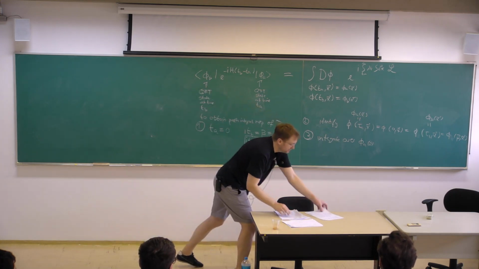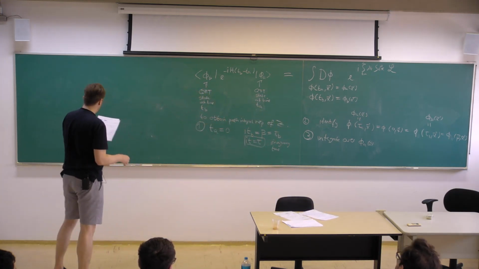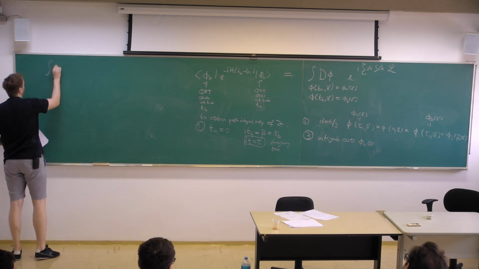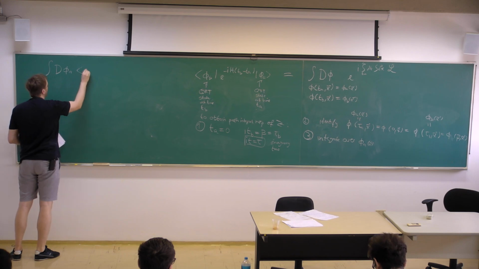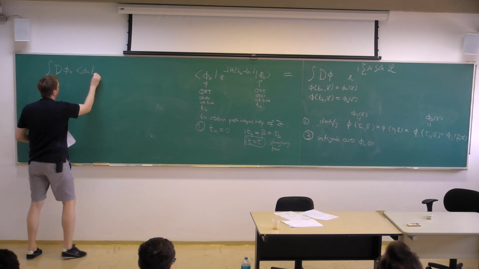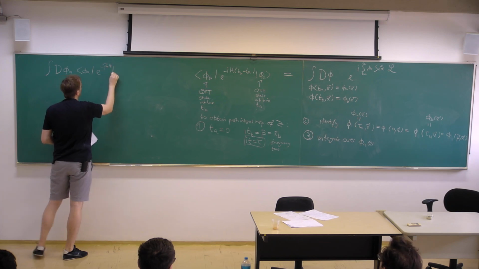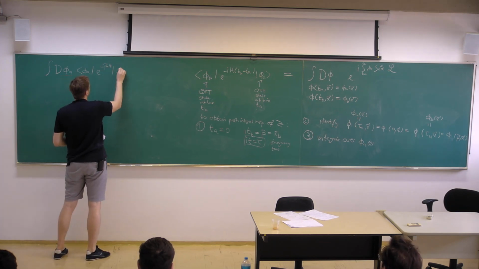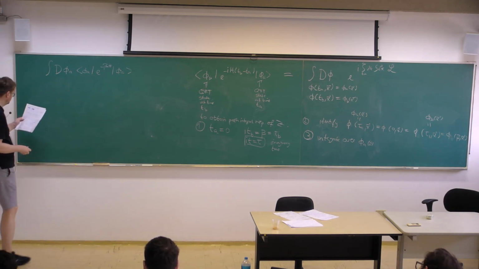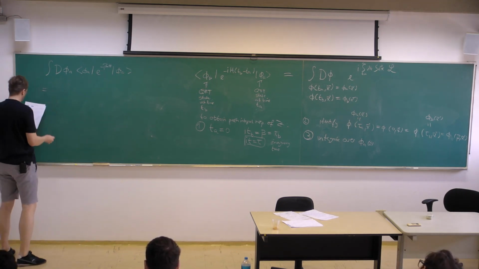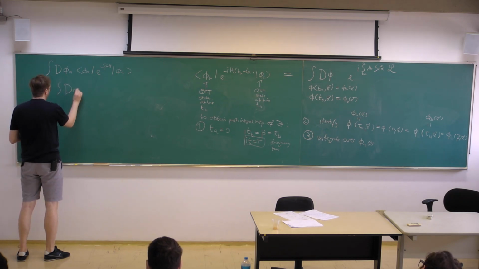Okay, doing these steps, what I get is that the integral d phi A of e to the minus beta H phi A is equal to the path integral now.